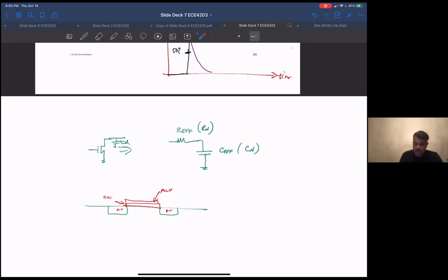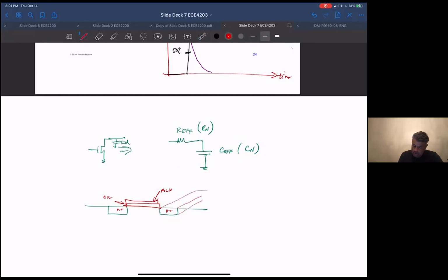So again, it's a function of width, because just as the resistance of the device drops as you make the device wider, the capacitance actually goes up as you make the device wider, because this junction, if I look at the width, is kind of going out here.